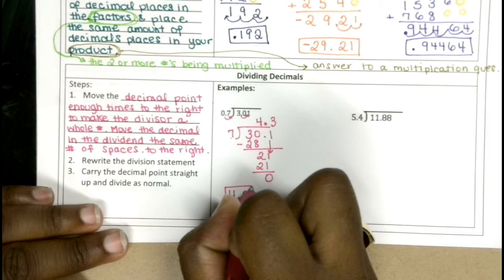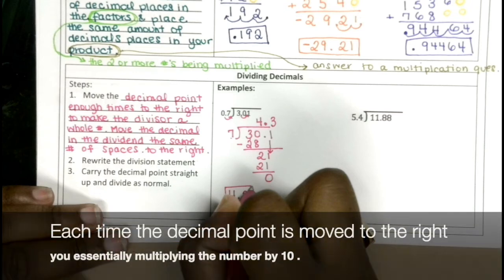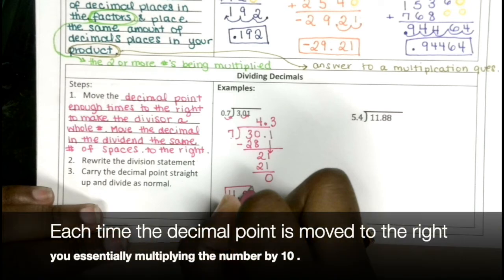So I'm going to move my decimal place 1 space to the right in the dividend as well. So now instead of 3 and 1/100, I'm going to have 30 and 1/10. I've rewritten the division statement to reflect the whole numbers as well. So essentially what I did was I multiplied the dividend and the divisor by 10.